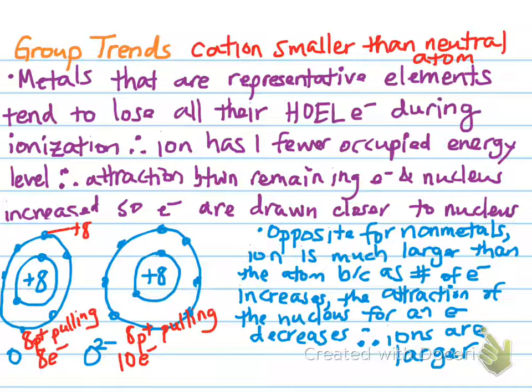So the attraction from the nucleus for those electrons is less, which means the ions are going to be larger than the atoms from which they form. So an anion is larger than its neutral atom.